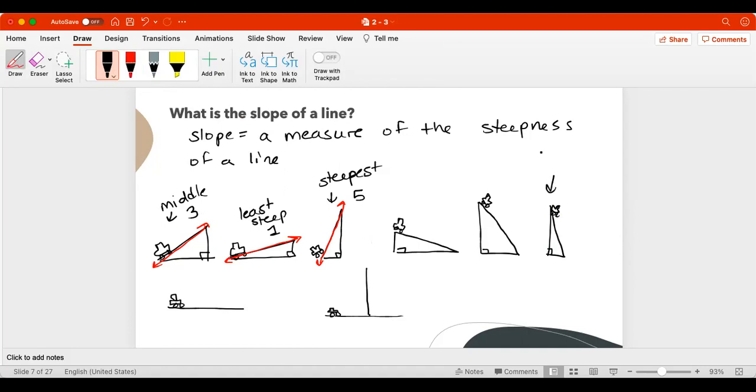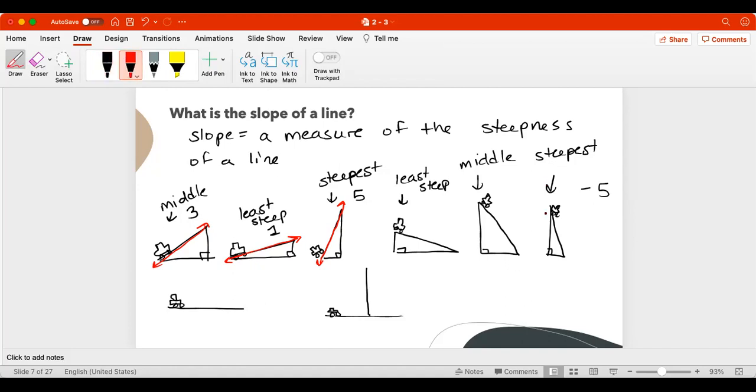So this would be the steepest. This would be in the middle. And this would be the least steep. So this could have a steepness of -5. And the negative tells us that we're going down. If it's +5, it means we're going up.